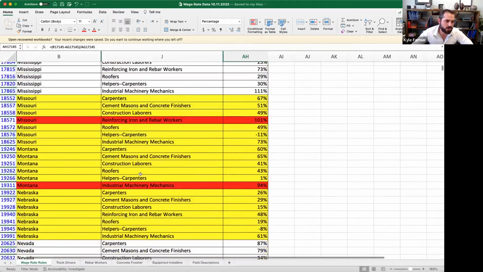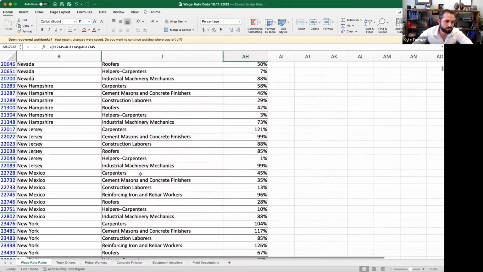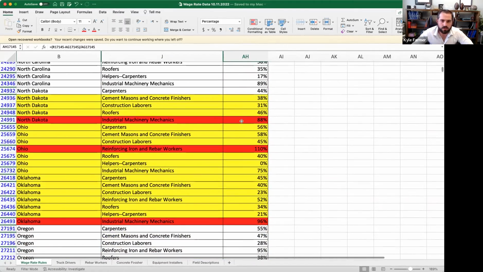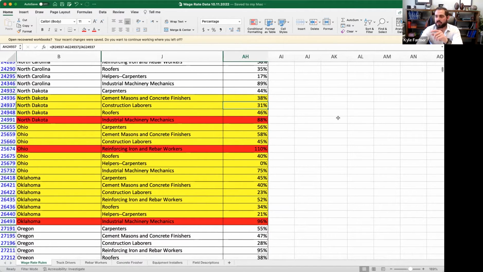Okay, let's see here. North Dakota. So equipment installers here. Okay. There's one more thing to mention about a state like North Dakota. Whenever there's not a statewide average for a particular SOC code, the way the Department of Labor is going to do it is based off of the national average of that SOC code.